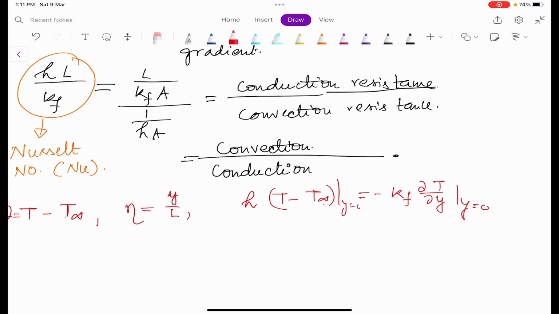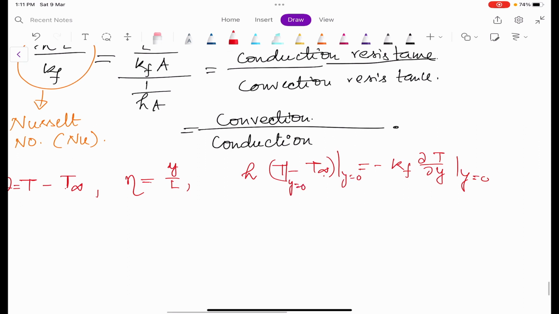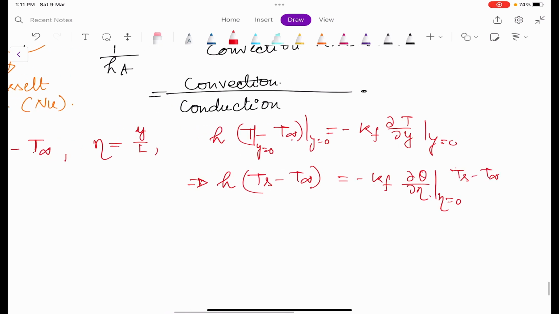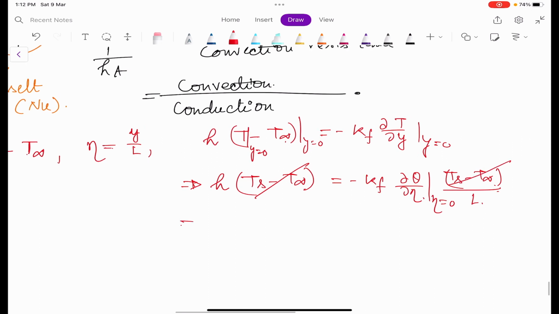Here t is a variable, so h of (Ts minus t infinity) is equal to minus k_f del theta by del eta at eta equal to 0, and here it will be (Ts minus t infinity) by L. Now it cancels out and we can directly get h L by k_f is equal to minus this. So this is the Nusselt number.